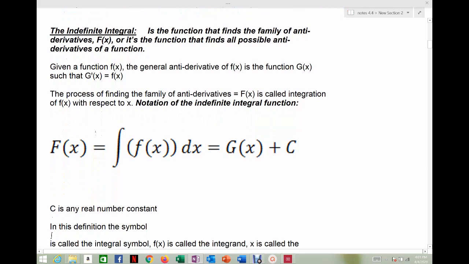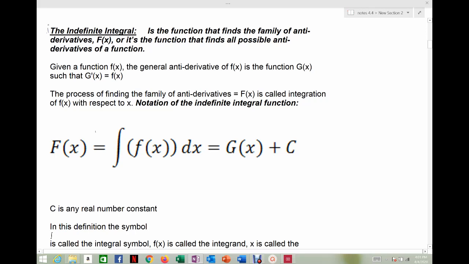And so for antiderivatives, just like we call the sum of two numbers addition, the multiplication of two numbers a product, the division of two numbers a quotient, well, when we're finding the antiderivative, and we want to find the family of antiderivatives, we give it its own name and its own notation.